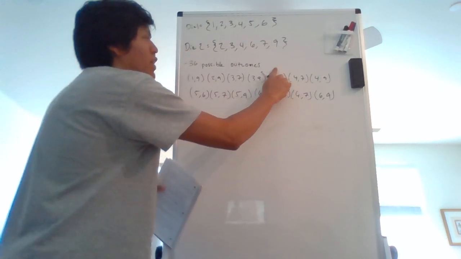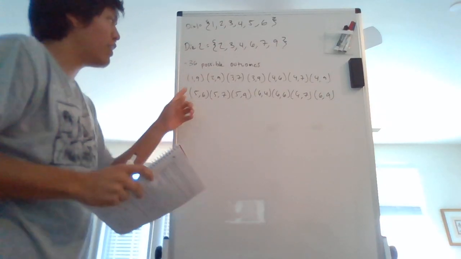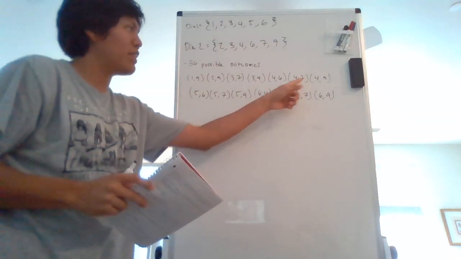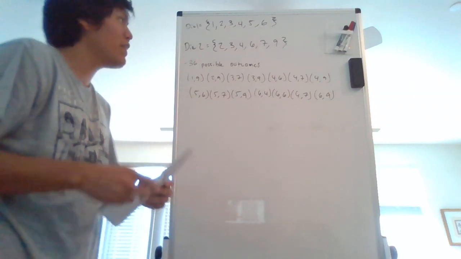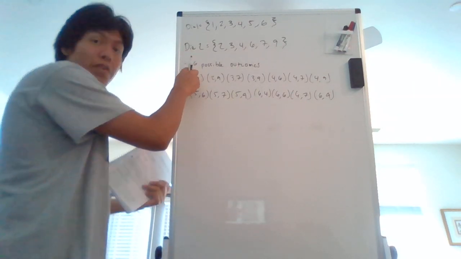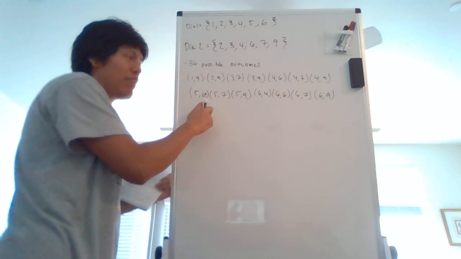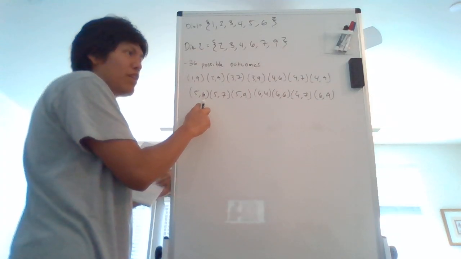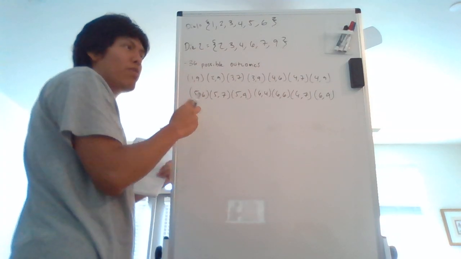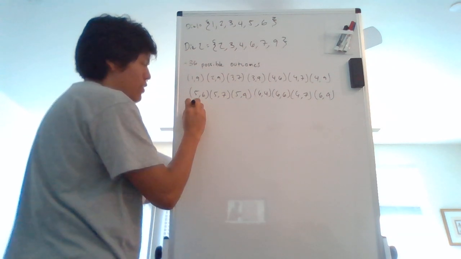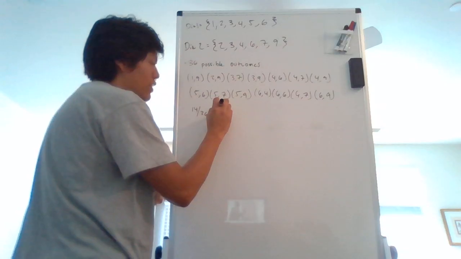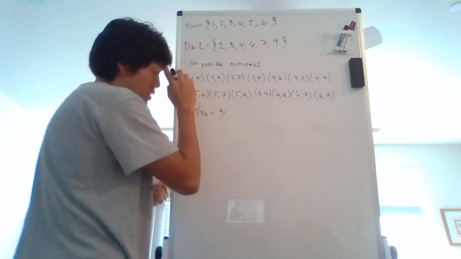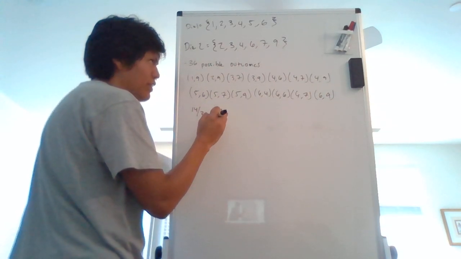Okay, so how many possible combinations are there? There's 3, 6, 7, 8, 9, 10, 11, 12, 13, 14. So 14 out of 36 possible combinations gave us a result that was greater than or equal to 10. So 14 over 36 simplified is 7 over 12.